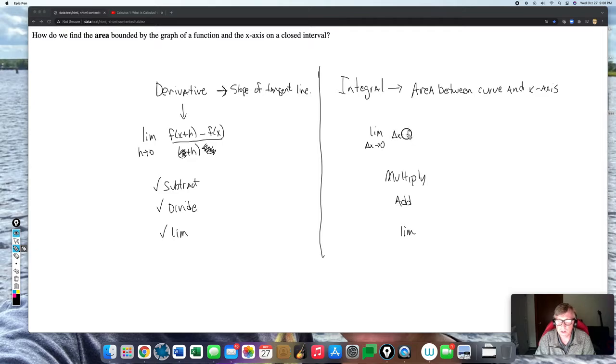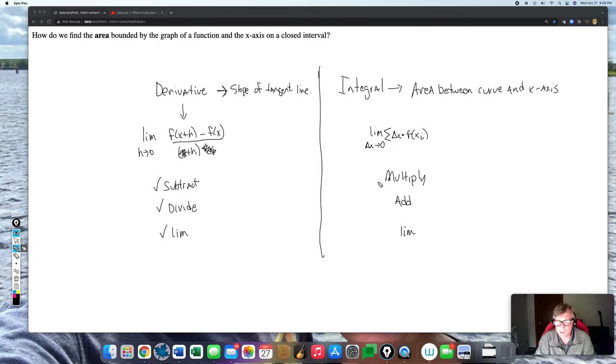And you're going to find f of x something, some f of x within an interval. I will explain more about this x subscript i next week. And we're multiplying these things, and then we're going to add them together with this summation. So it's the limit of a product sum instead of the limit of a difference quotient.